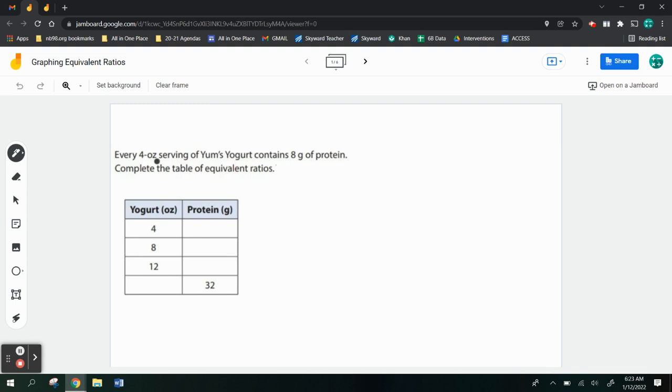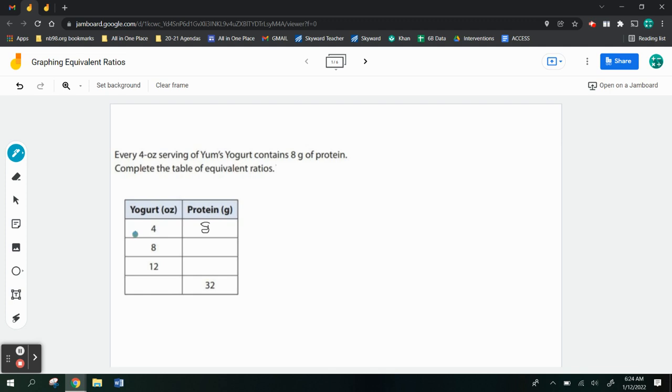So it says for every 4-ounce serving of Yum's yogurt, it contains 8 grams of protein. So I'm going to find the 4 ounces of yogurt right here. So 4 ounces of yogurt, there's 8 grams of protein. Now, since this is a table of equivalent ratios, if you can remember, our job is to find the relationship and apply the relationship.